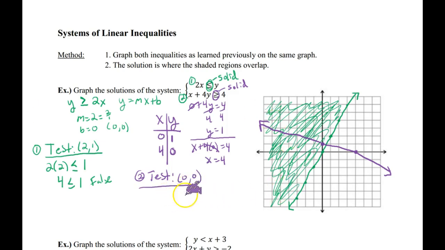So I'm going to fill in, again, into the second equation, 0 for x and 0 for y. So I get 0 plus 0, which equals 0. And what I have here is 0 greater than or equal to 4. And that is also false. So the point 0, 0 was here. This side was false, so I have to shade the other side.